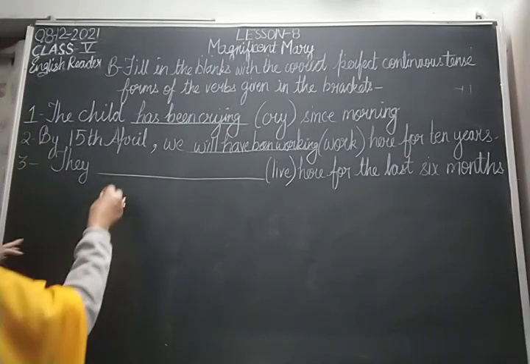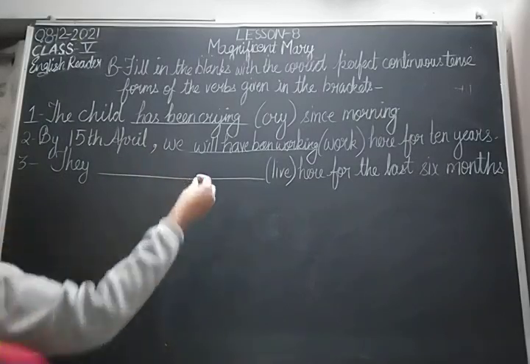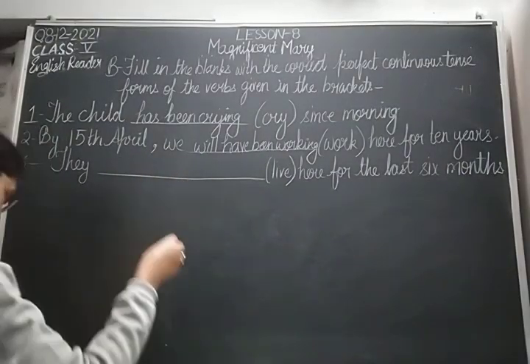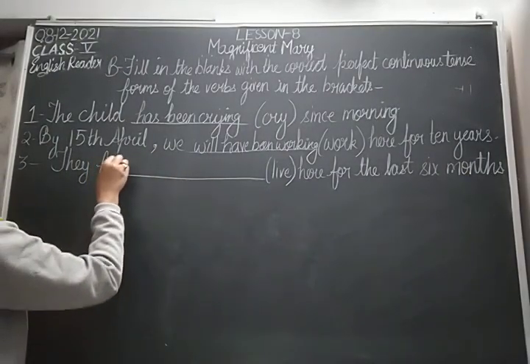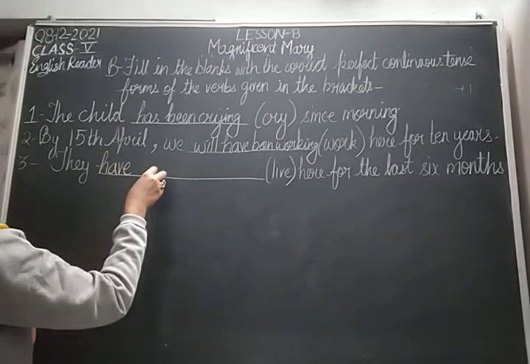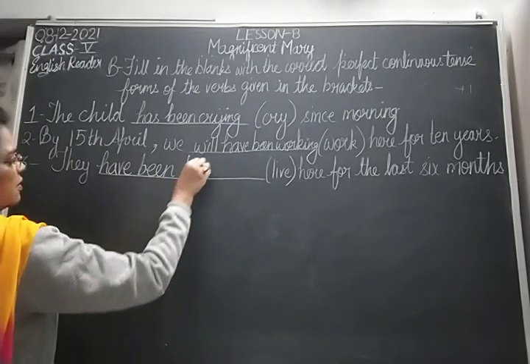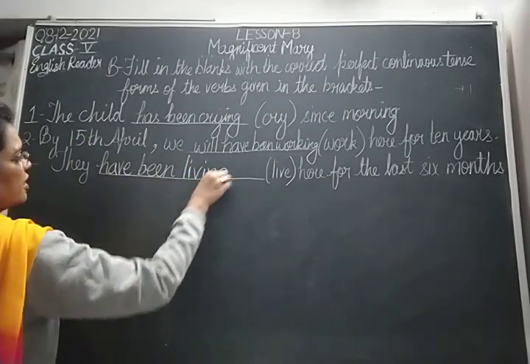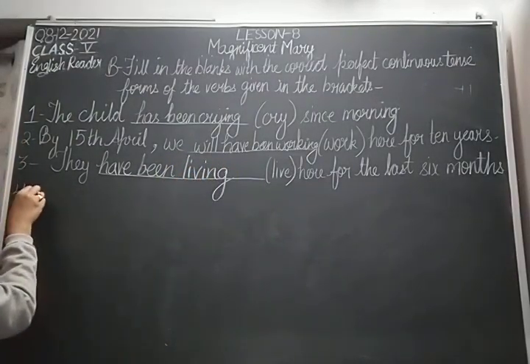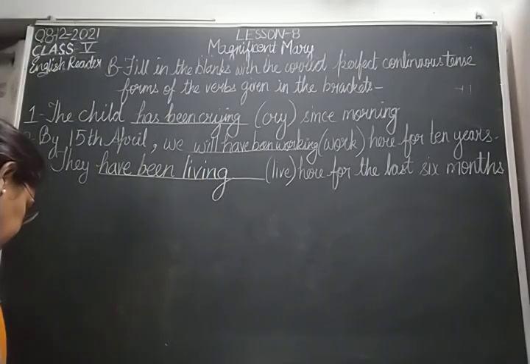So we will write they have been, present perfect continuous tense. They have been living here for the last 6 months.